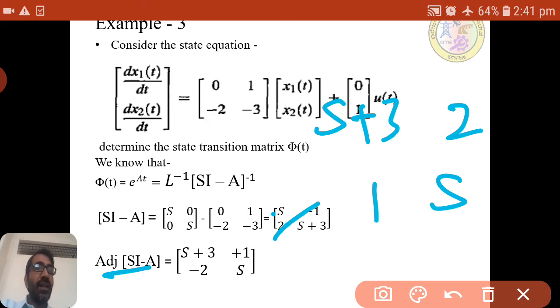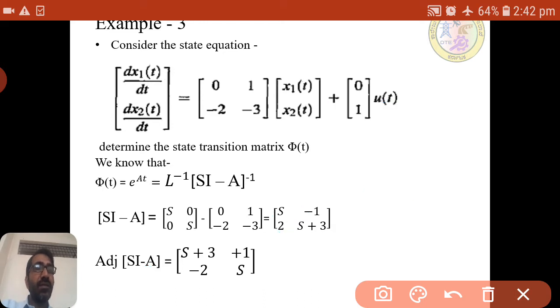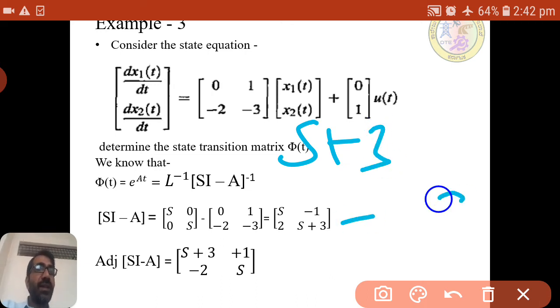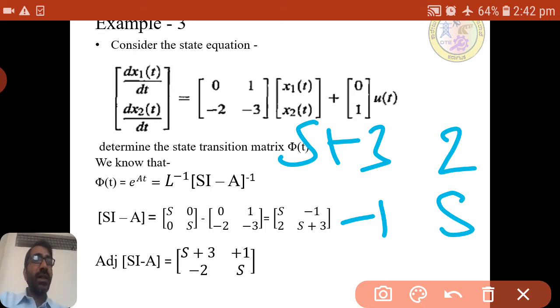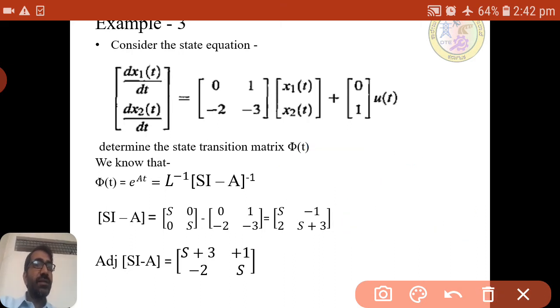Okay, before the transpose it will be like this: the cofactor matrix has s plus 3 and s on the diagonal, and here it will be 2 and here it will be 1. After the transpose, s plus 3 and 1 will come here and the 2 will come here, and the sign will change.